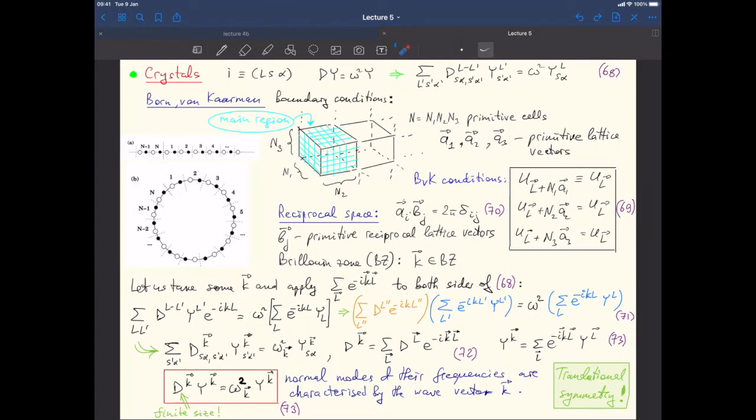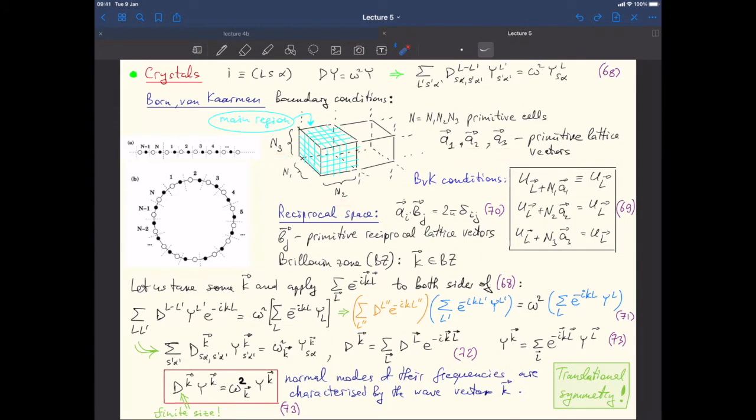So what we do, we introduce Born-Kármán boundary conditions, in which we state that displacements of atoms are repeated along a very large periodicity of n1 unit cells along the direction of the translational vector a1, n2 along the vector a2, and n3 along the vector a3.